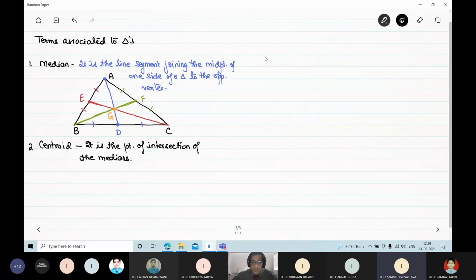The third term that you will come across is called altitude. Altitude is also known as height. So if this is a triangle, again I'm drawing a scalene triangle.